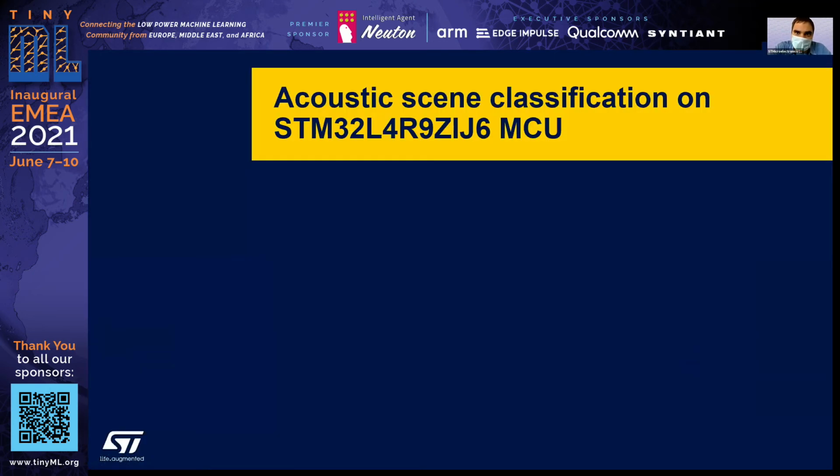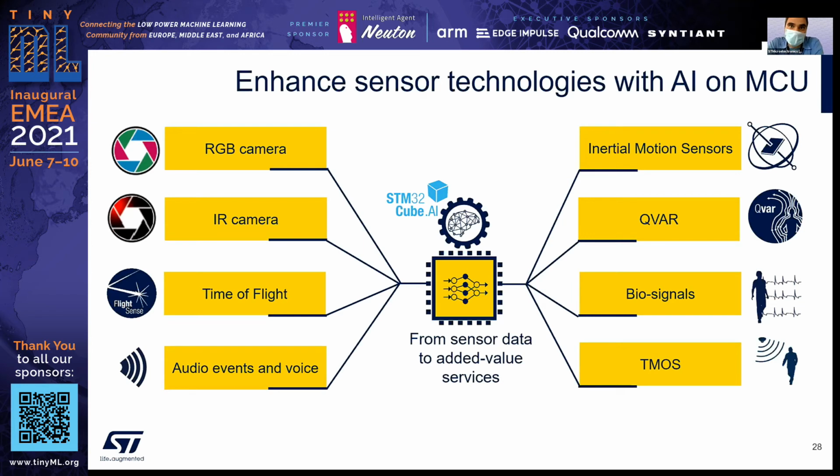So I'm just going to present the last section of this presentation, where I will spend some words about the audio scene classification algorithm used in this function pack. Basically, this algorithm is based on the CubeAI library that allows to enhance the sensor technology with AI on an MCU.